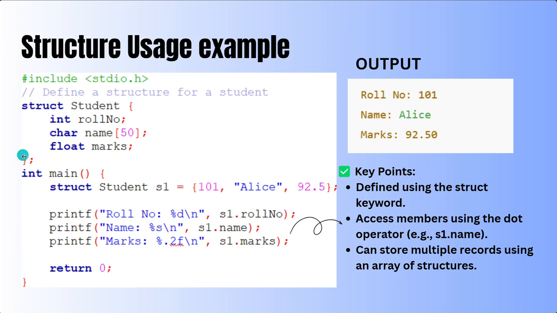Okay, and then we close the structure and end it with a semicolon. This is the format of structure definition. Okay, then we come to the main function. Now this is for structure declaration, and now we are initializing the values of this structure student.